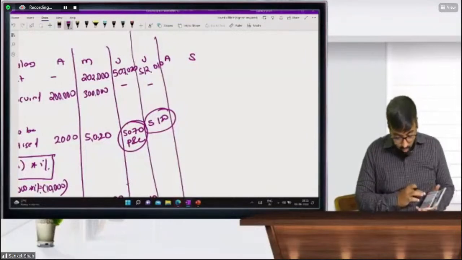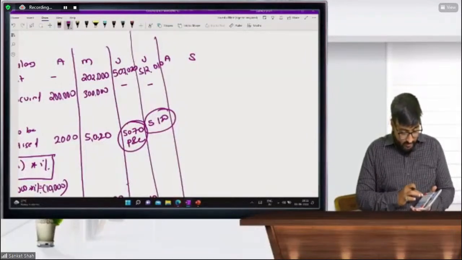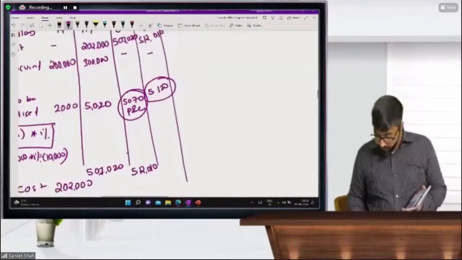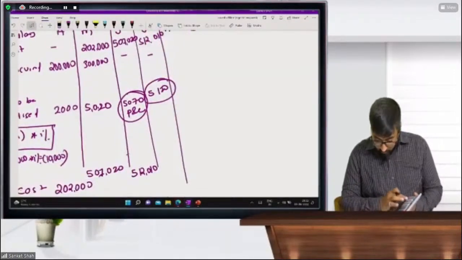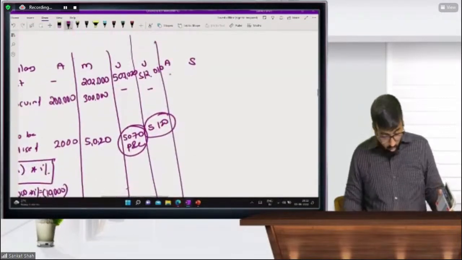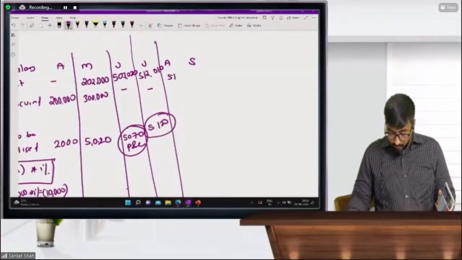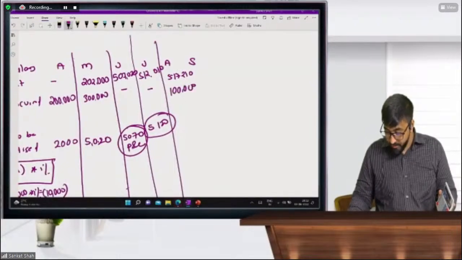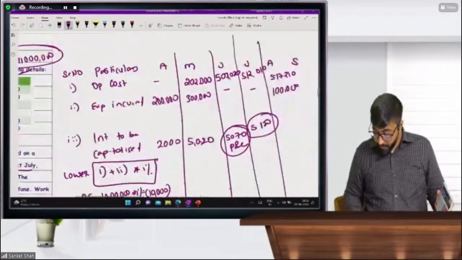So 512,010 plus 5,120. So total is 517,130. August month, 517,210 plus actual expenditure is 1 lakh. You can see, but there is no OD.